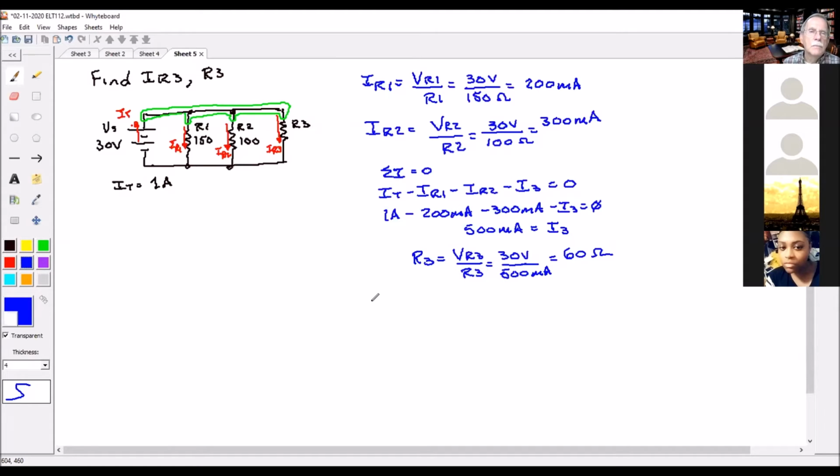So just as with Kirchhoff's voltage law, we can use it as a check if we're given everything, but we can also use it to find unknown values, which in this case was IR3.